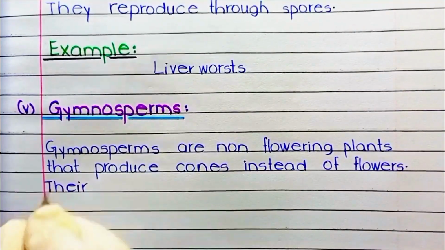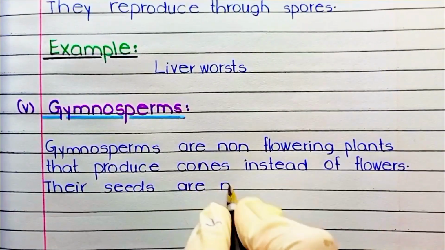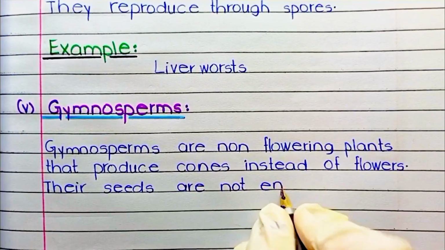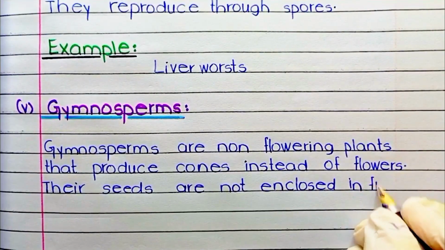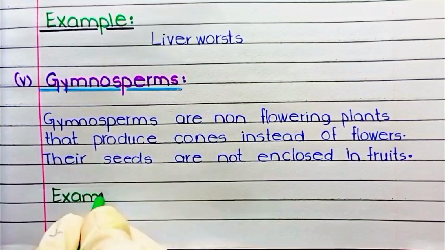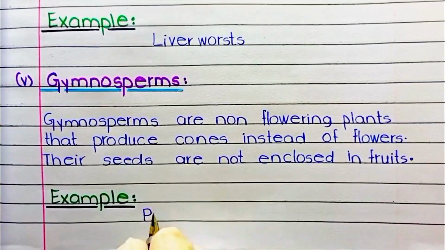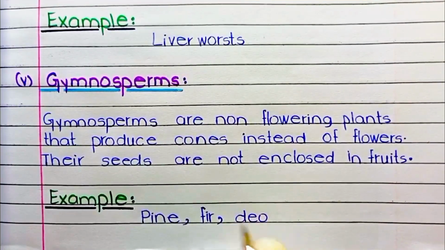Their seeds are not enclosed in fruits. Examples of gymnosperms are pine, fir, cedar, etc.